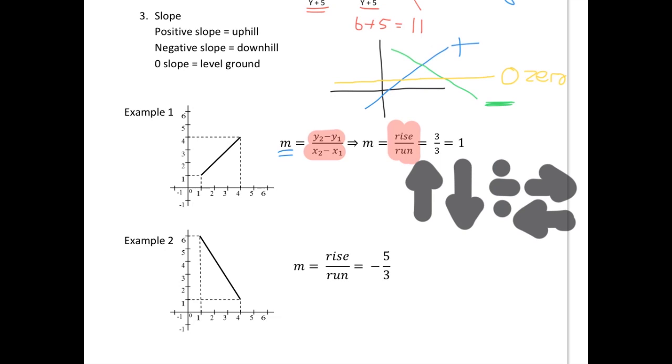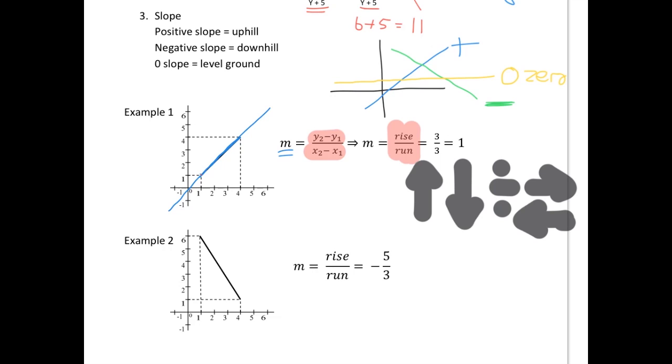In example 1, our graph goes from the point (1, 1) to the point (4, 4). This line could continue either side, but all we're interested in is working out from two points on our graph.